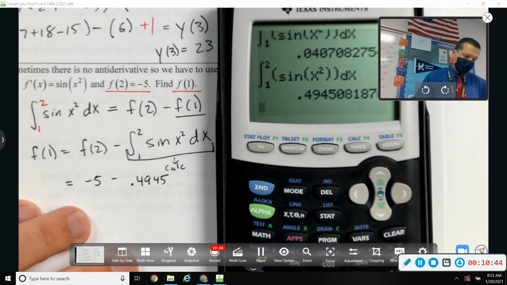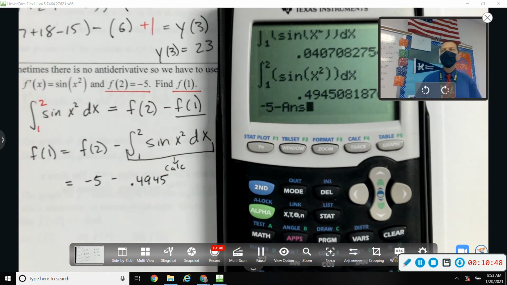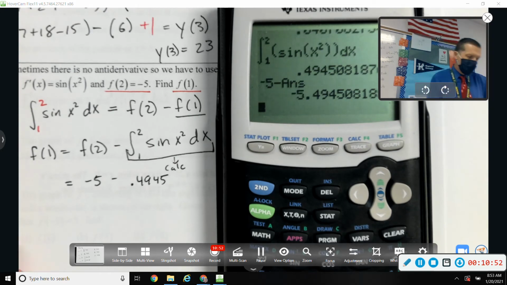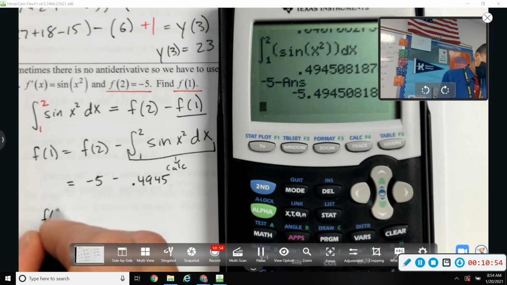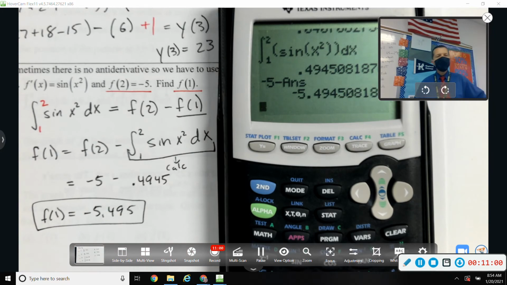And we just want negative 5 minus answer. That way we don't mess up any decimals and let the calculator handle all of that. So f of 1 is negative 5.495.